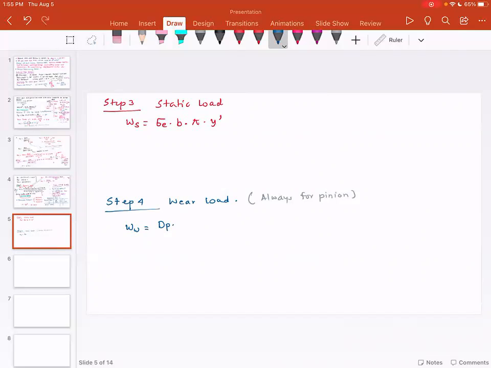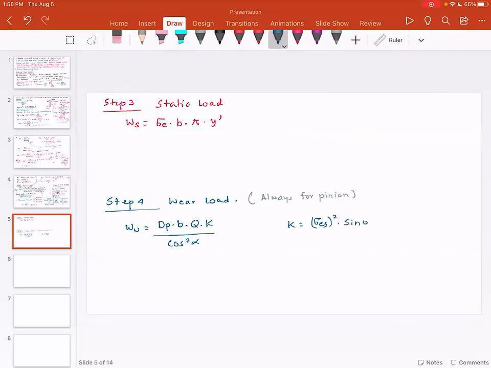So dP times B times Q times K divided by cosine square alpha. And we can find K using two different techniques: we can find it from the table, or from the equation given in the book.